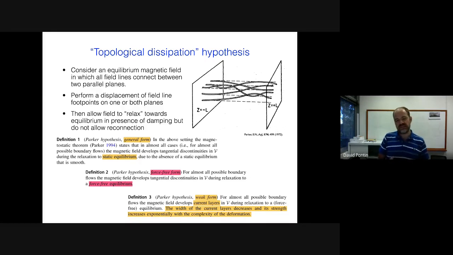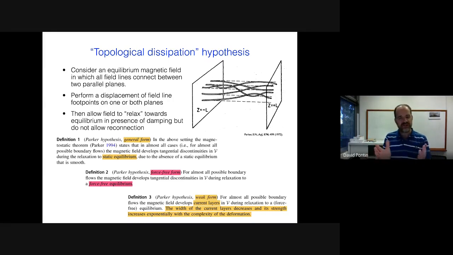And then the hypothesis has been stated in a few different forms in the literature. In our living review, we split it up into these three definitions, although they're not formally written like this in the literature. So definition one is the most general form of the statement.